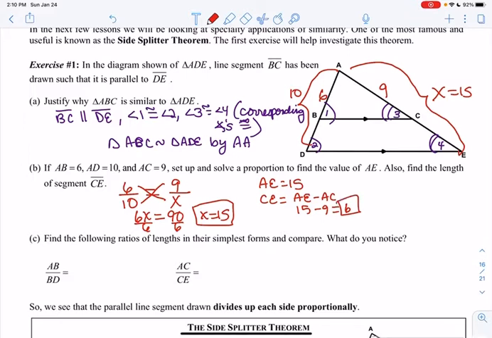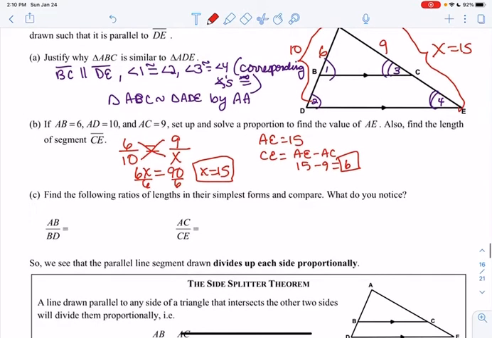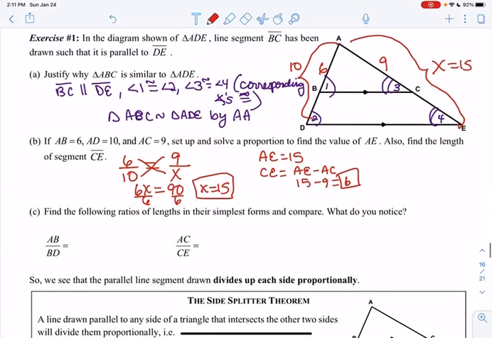All right. Let's find the following ratios of the lengths in their simplest forms and compare. And then what do I notice? So AB, I'm going to move this down so we can see it, is 6. BD is, well, we didn't figure that out, but we certainly can easily enough. The whole segment is 10, and the top part is 6. 10 minus 6, now I know that BD is 4.